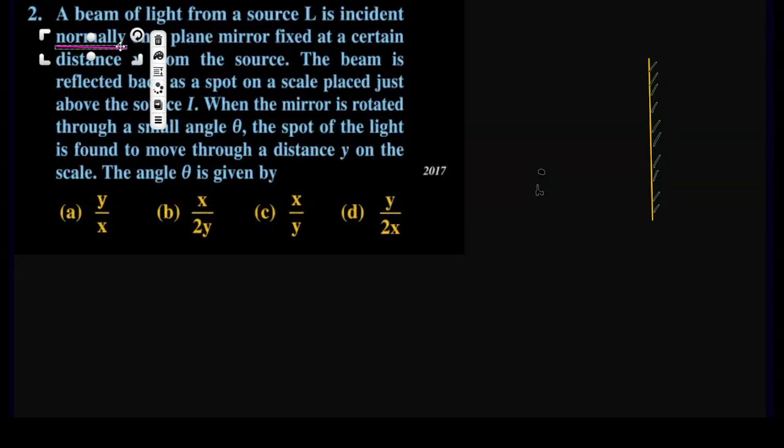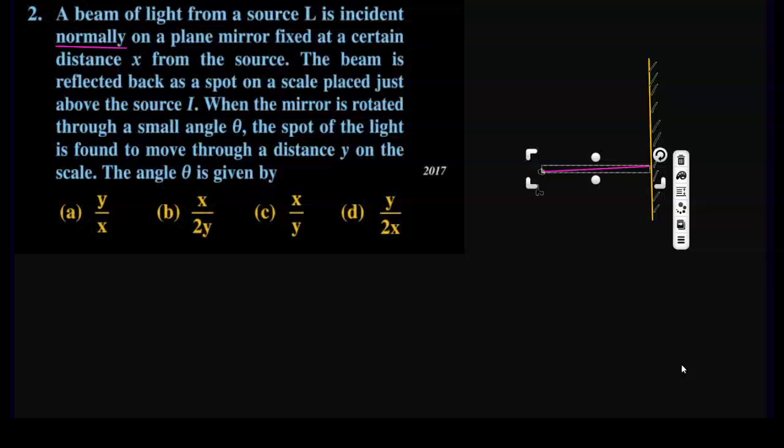Normally means what? Perpendicular. So the light ray is incident on this mirror perpendicularly like this.